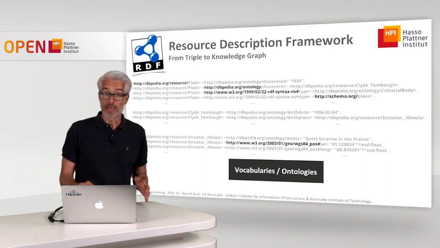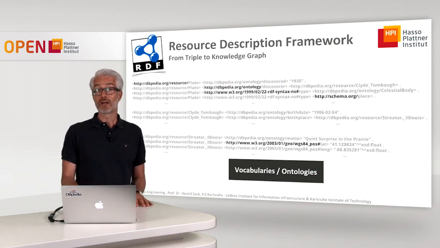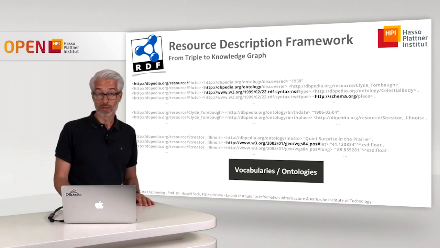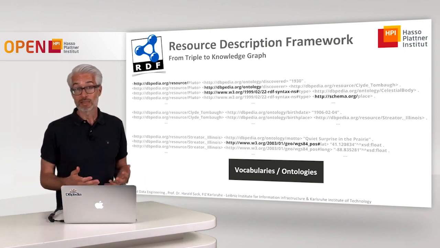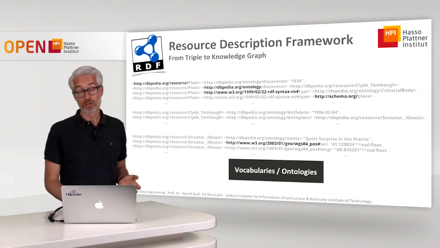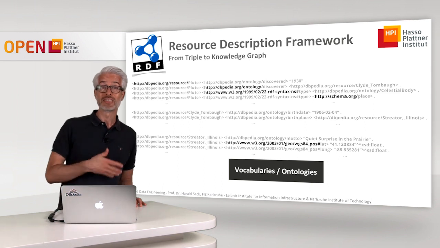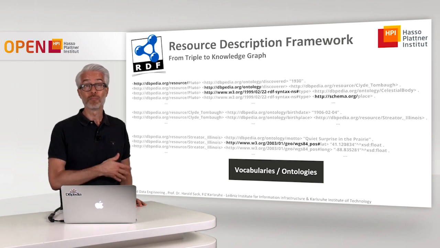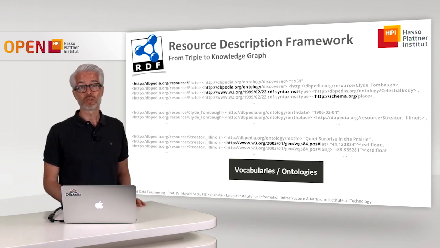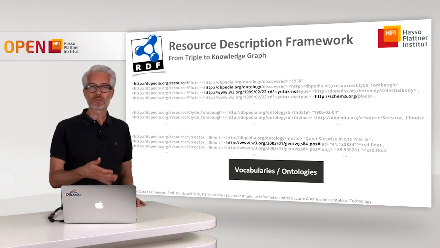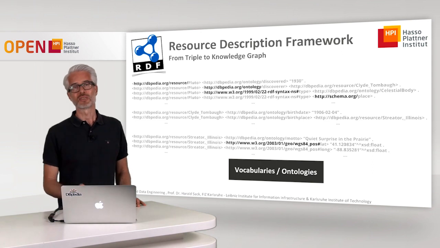And the nice thing is we do not have to invent all these vocabularies or these URIs on our own, because simply there exists quite a lot on the web. So we have, for example, all the knowledge which is represented in Wikipedia, and we have this in DBpedia. So DBpedia stands as a reference for many objects in the real world, for example. And there are also ontologies and vocabularies defined for the most common properties, which are also represented in DBpedia.